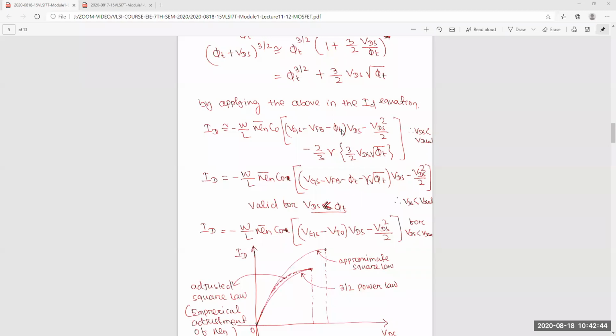Then this is phi 2 VDS. If you take VDS common, then first of all this 2 by 3 and 3 by 2 will cancel. So VDS will be common. So phi t, here also one phi t is there.